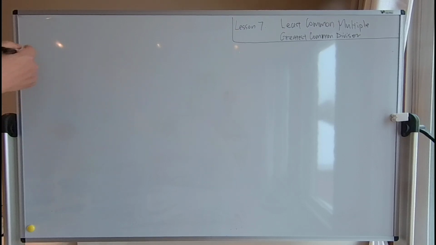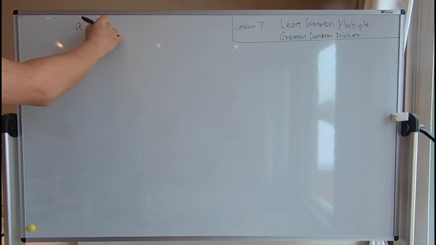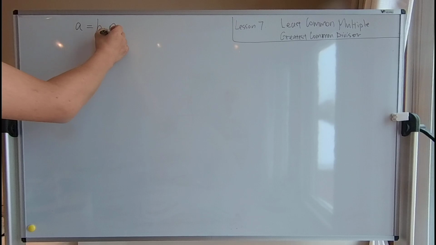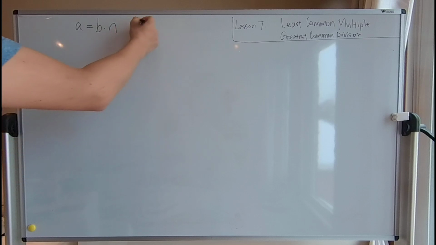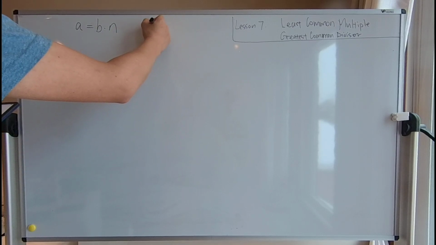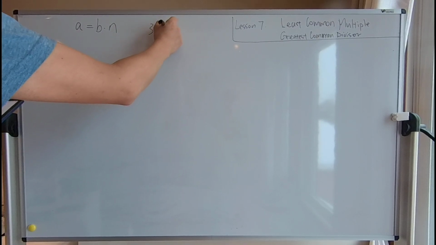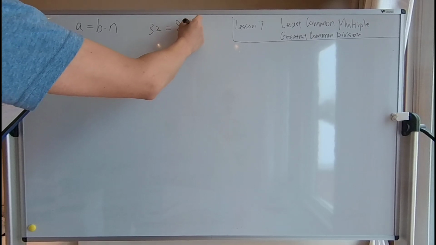So multiple means if I have an integer a which can be expressed as another integer b times n, which is also an integer, then we say that a is a multiple of b. For example, if I have the number 32, this can be written as 8 times 4.